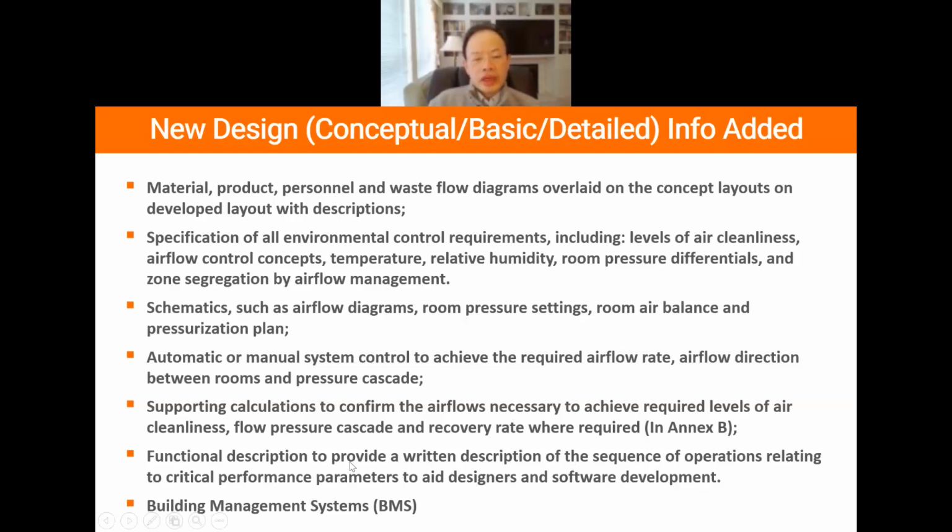And also the description of sequence of operation relating to the critical performance parameter, to aid the designers and software development. In the old days, sequence of operation was very simple.